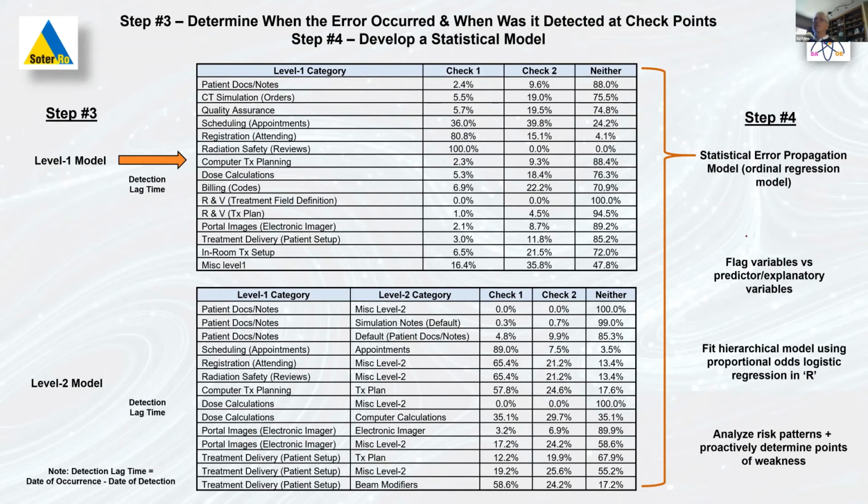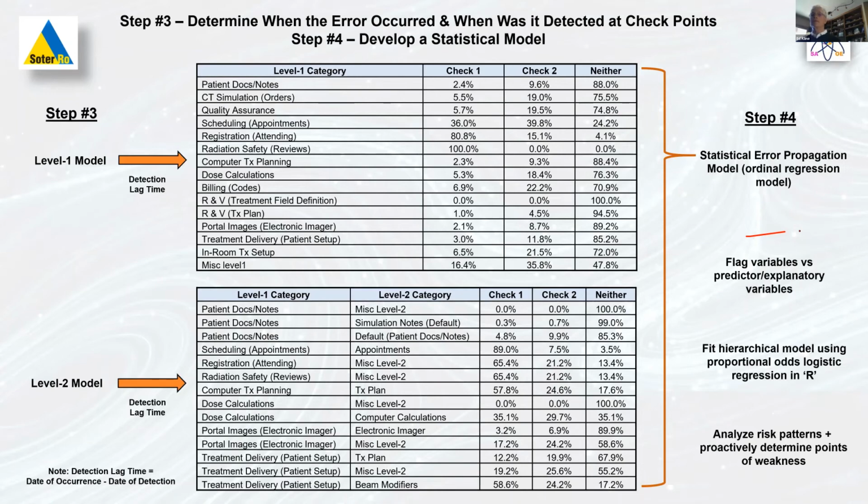Here we have 2.4% caught them at check 1, 9.6% caught them at check 2, and 88% neither caught them. So from that end, we had a lot of mistakes going through the checkpoints. Now, these checkpoints also look at timeliness. If you don't get the job done timely, which will affect the rest of the process, that's a mistake. So this type of process drives us towards drilling down to the next level.